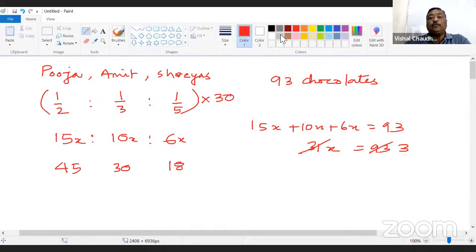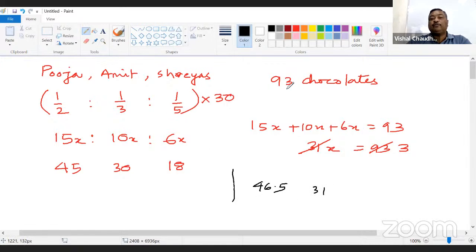Now understand what the consequences are if I try to solve it like this. 93, half of 93, what can go wrong? So half of 93 is how much? It is 46.5. Isn't it, guys? So I have to break one chocolate. 1/3 of 93, it is easily divisible, and that is 31.